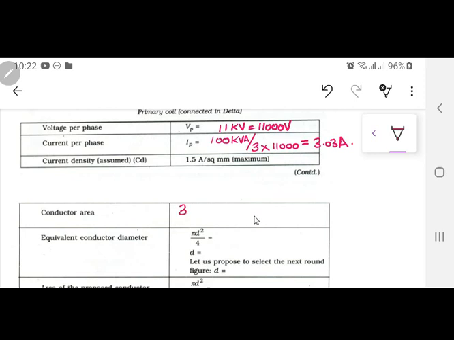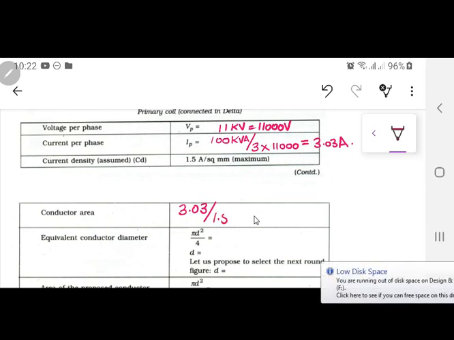This is 3.03 divided by delta. Delta is 1.5, already given to you. So this is 2.02 square millimeter. Just for now I am going with the same answer which I have in this book, but next time I will change this and try to do a slightly different design.